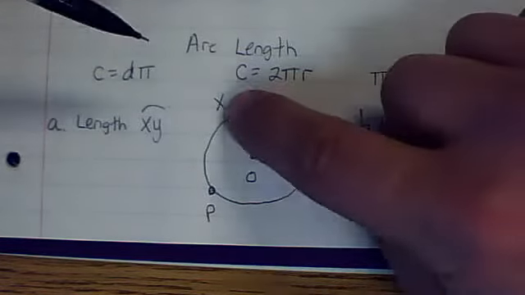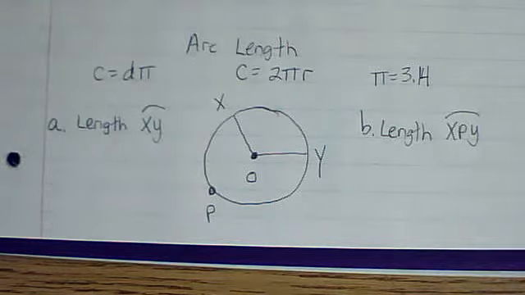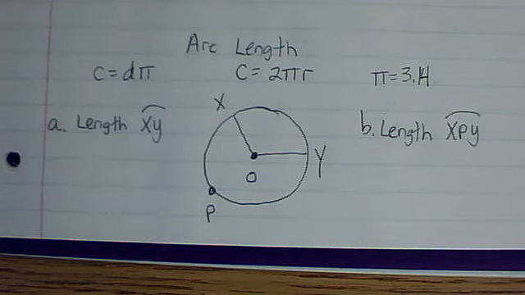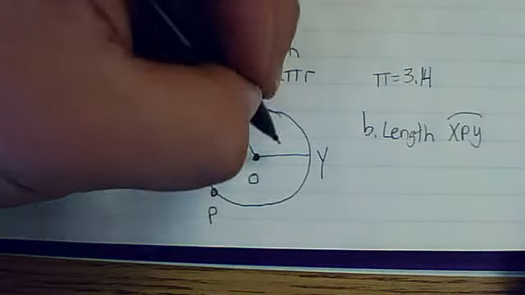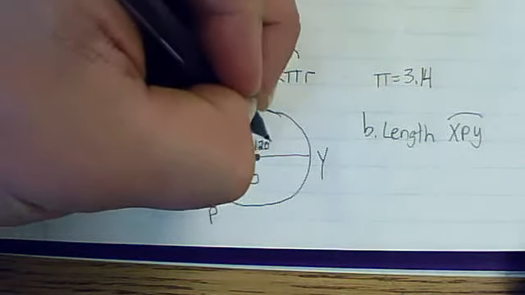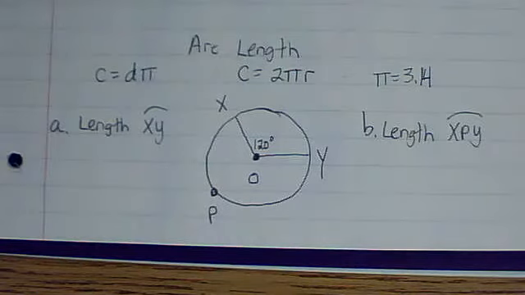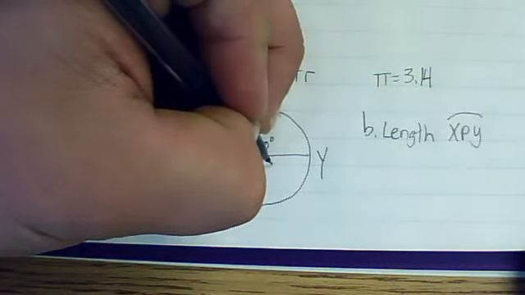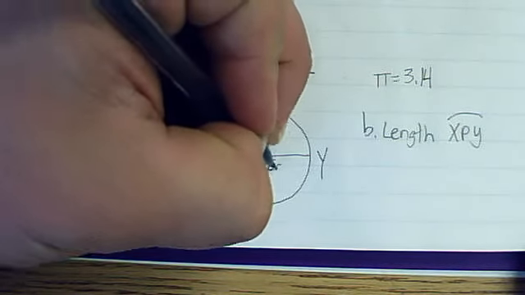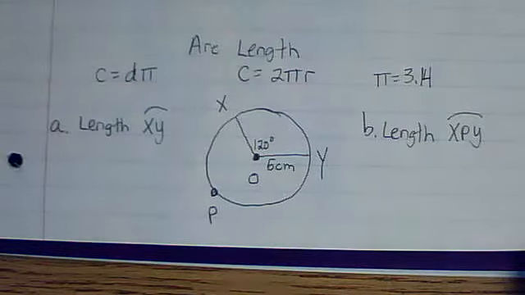So I'm finding the length of arc XY and the length of arc XPY. Now in terms of information, XOY here, let's say, is 120 degrees. And let's also say that each radius length, like from O to Y, we'll say is 5 centimeters in length.